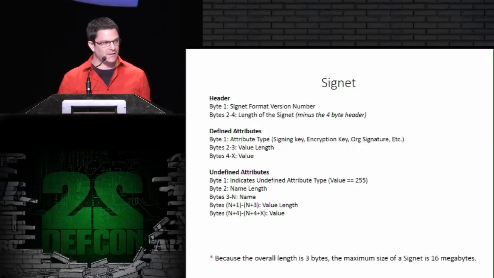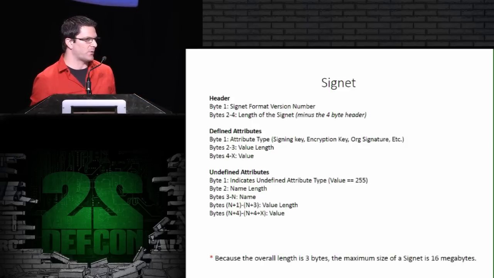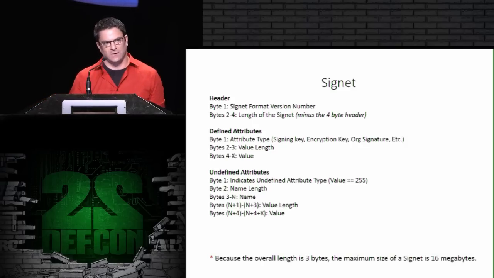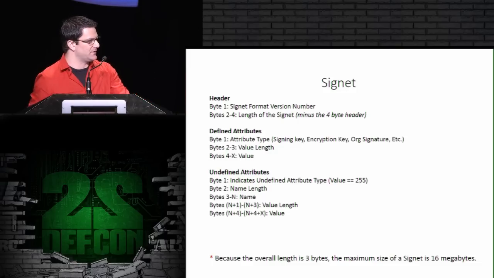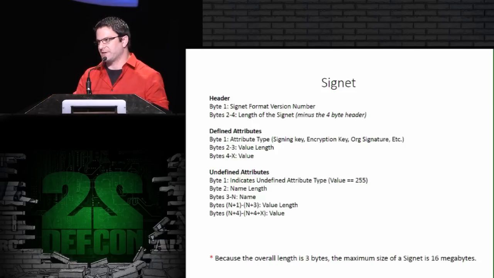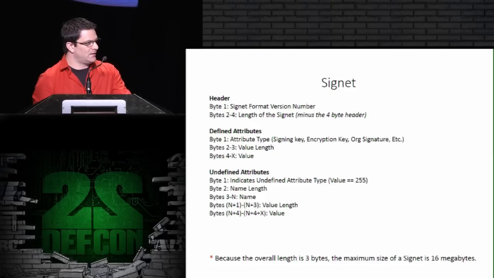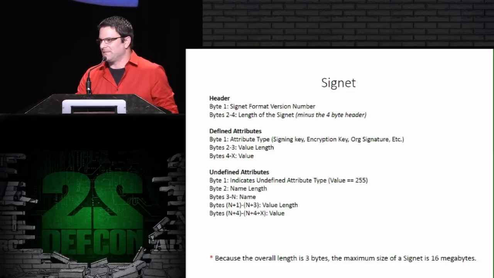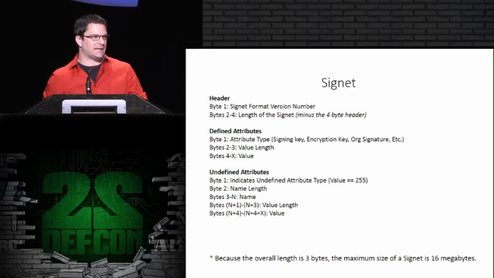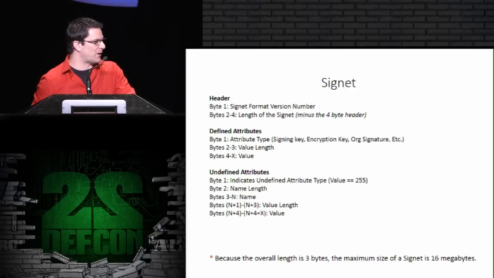Now, because the overall length parameter is 3 bytes, we've got an effective technical limit here of 16 megabytes for a Signet. Please don't make your Signet 16 megabytes. In reality, they should be far smaller. It's just that determining what to cap it at is a much more difficult proposition.